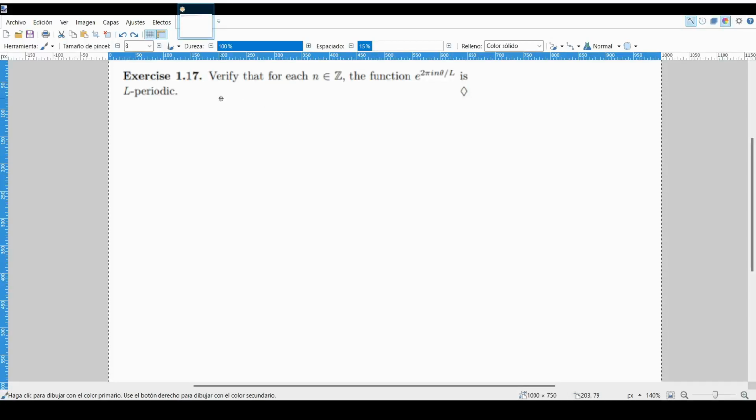Hello. So here we have a problem from harmonic analysis, and we want to verify that for each integer n, this function here is L periodic. Now, a function is L periodic if for every theta, f of theta plus L equals f of theta.